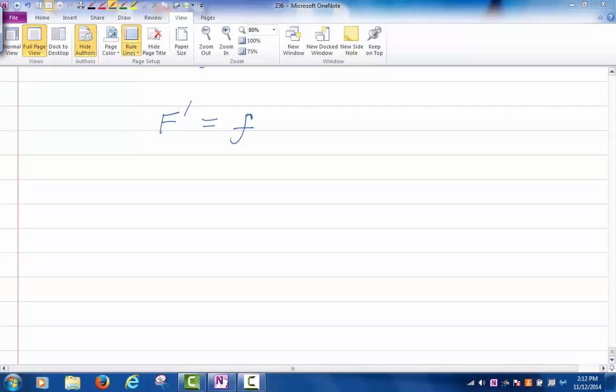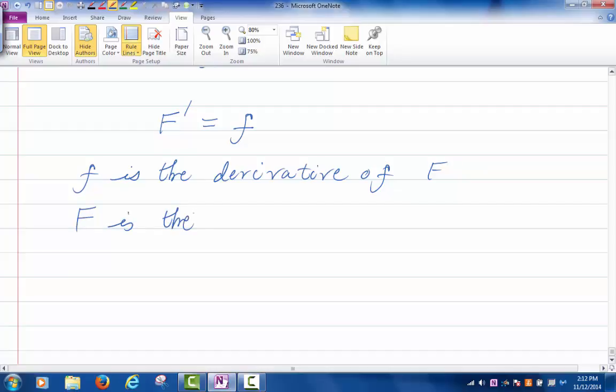So if F prime is f, here we say that the lowercase f is the derivative of cap F, and the cap F is the antiderivative of lowercase f. Is that making sense?